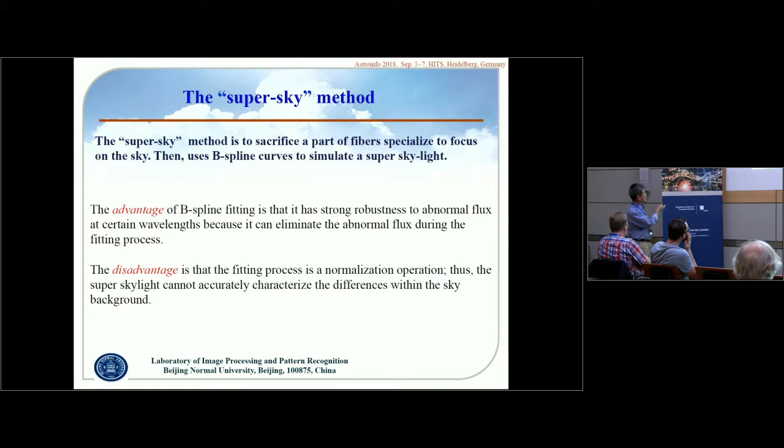The advantage of one-dimensional sky subtraction with the super sky is that it is the average of 10 sky signals, so it may be stronger against abnormal flux. But the disadvantage is that the fitting process is a normalization operation, so the super sky cannot actually characterize the defects within the sky background.